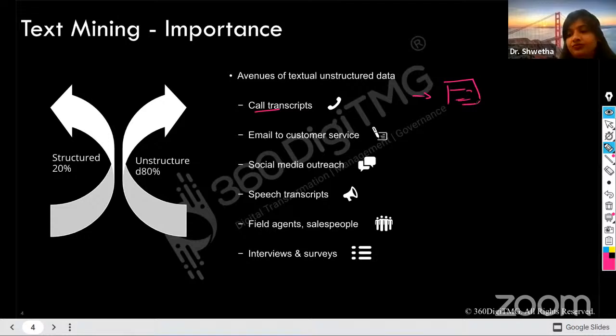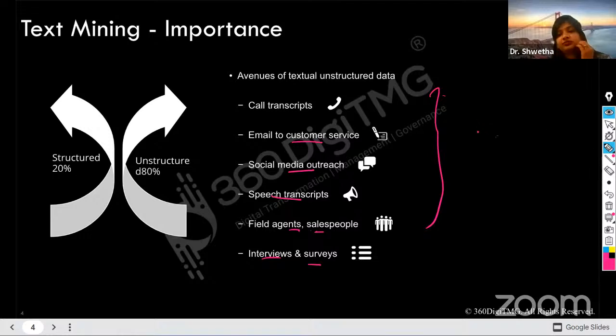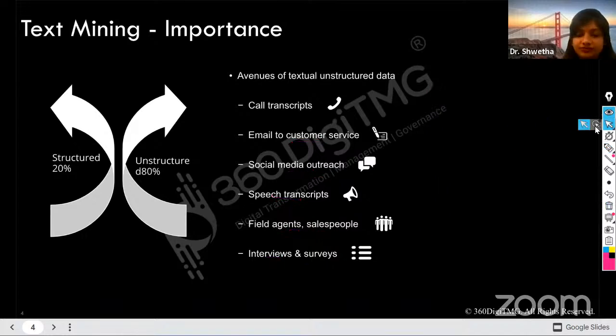So call transcripts, then social media outreach, speech transcripts, field agents or salespeople, interviews and surveys. All these are textual data which are unstructured and comprise a huge chunk.